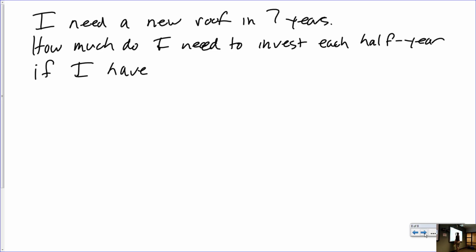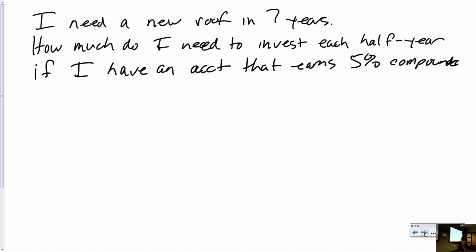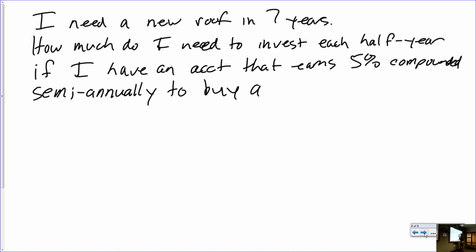I have an account that earns 5% compounded semi-annually. Buy a $21,000 roof.